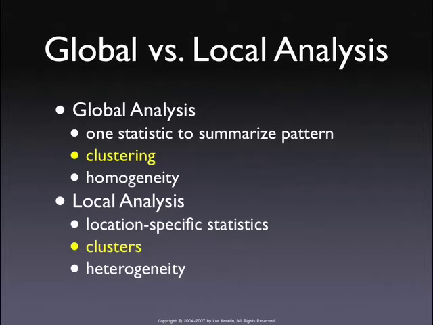Similarly, our K function and our semi-variogram are global statistics. They're characteristics of the overall pattern. The underlying notion is that there is homogeneity, there is equilibrium, there is stationarity, as we've talked about several times.